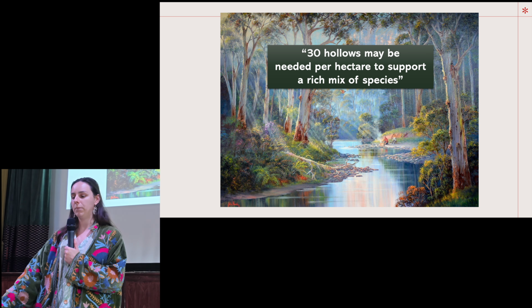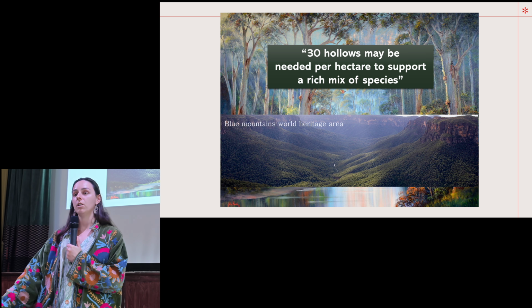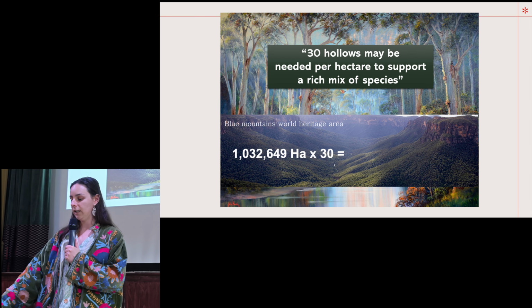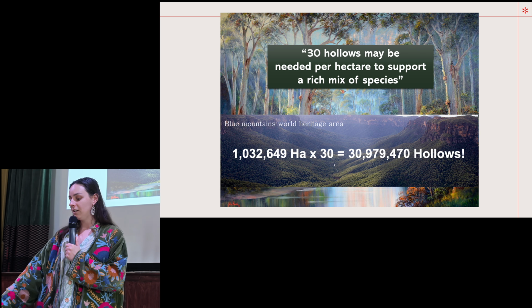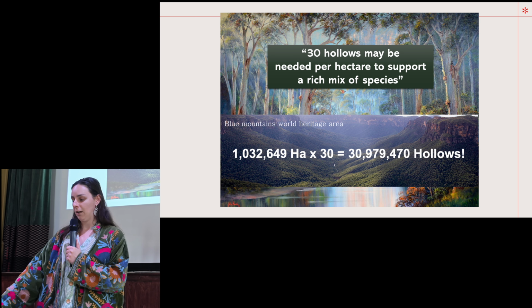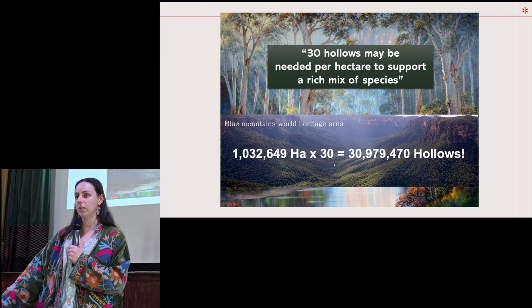If we look at one particular landscape, such as the Blue Mountains World Heritage Area, which is over 1 million hectares, that looks like almost 31 million hollows. Really, really important habitat. And we need lots of it to support all these populations of all these various sized creatures that need them for all kinds of various purposes.